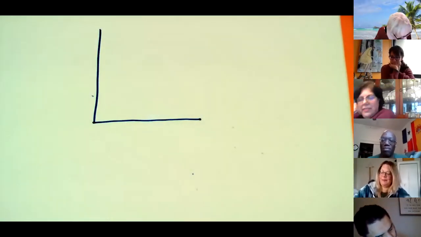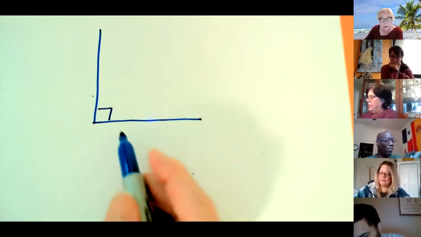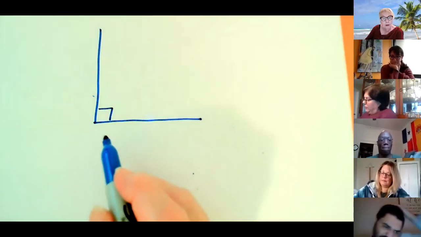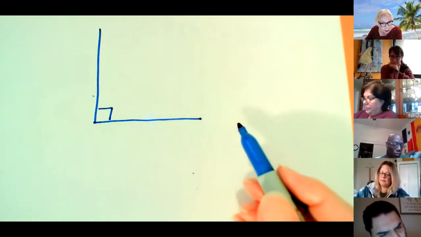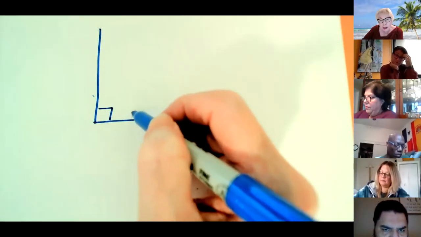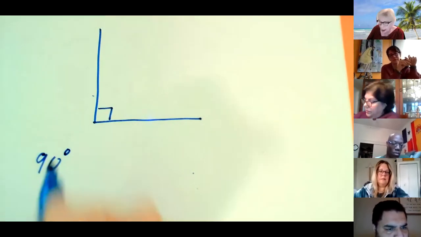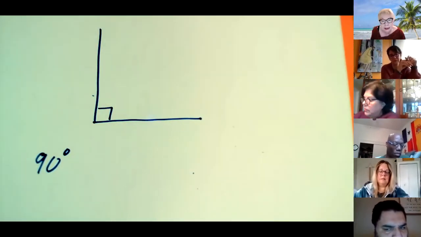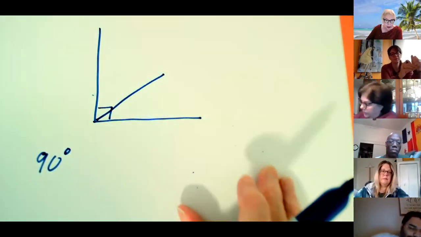They have a few problems like this. These 2 lines form a 90-degree angle, which is, these are perpendicular. And they do a couple little problems of that. This whole measurement is 90 degrees. Does everybody kind of know that? 90 degrees. So they play games with this.